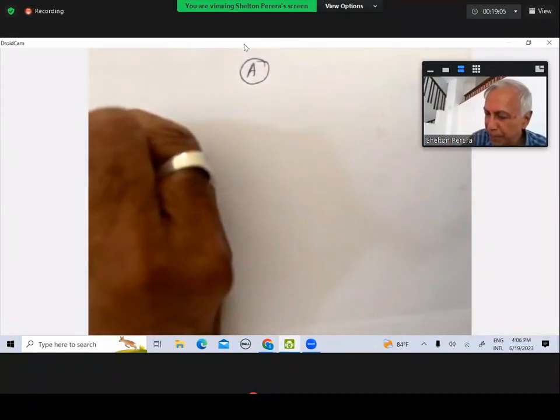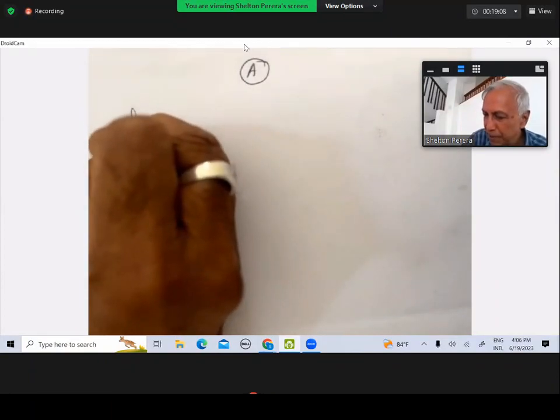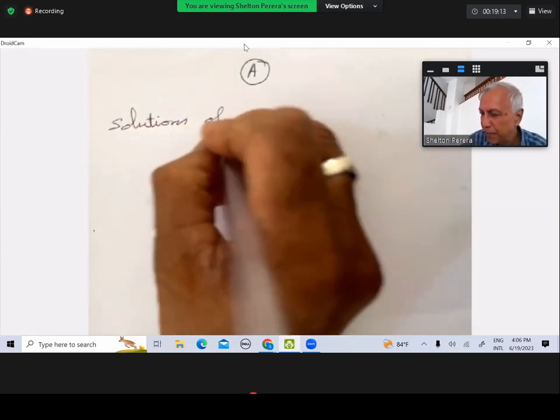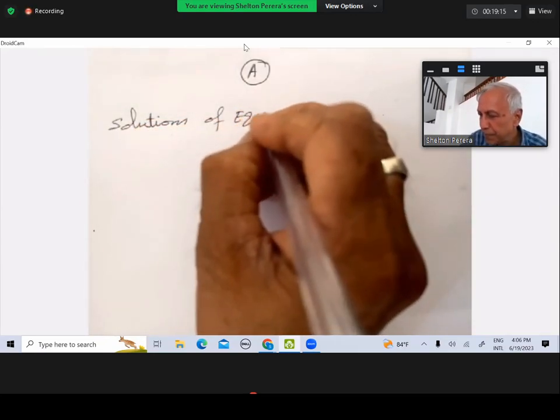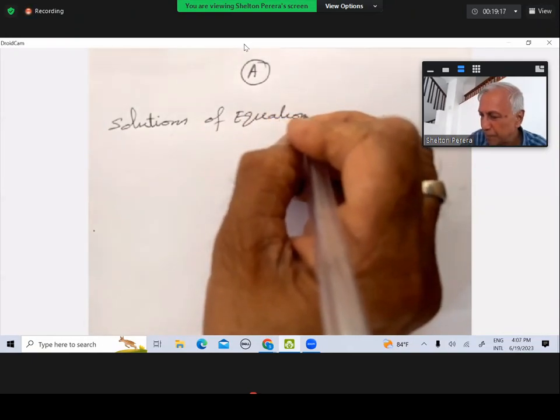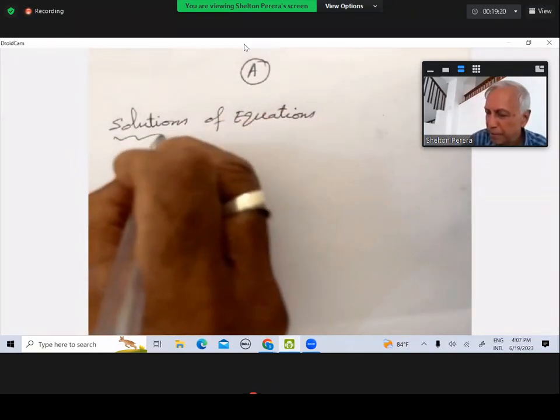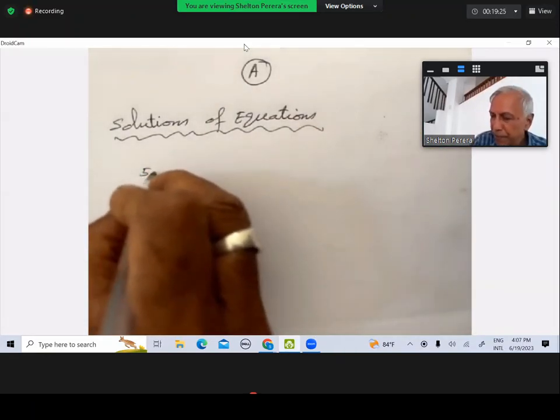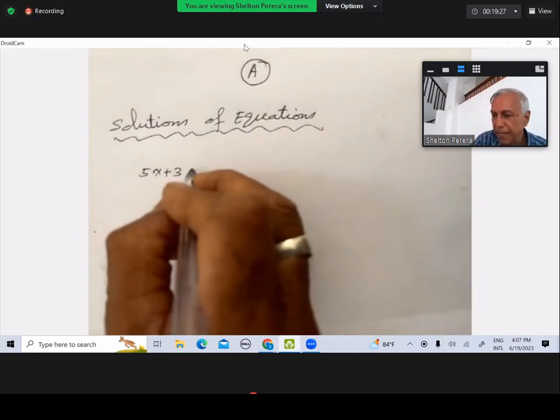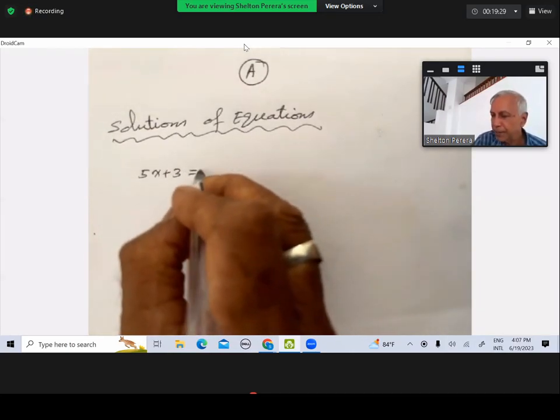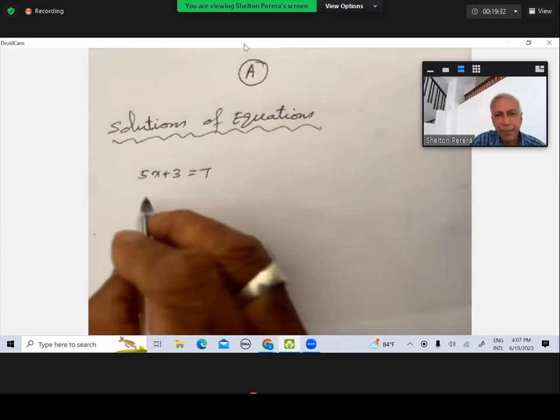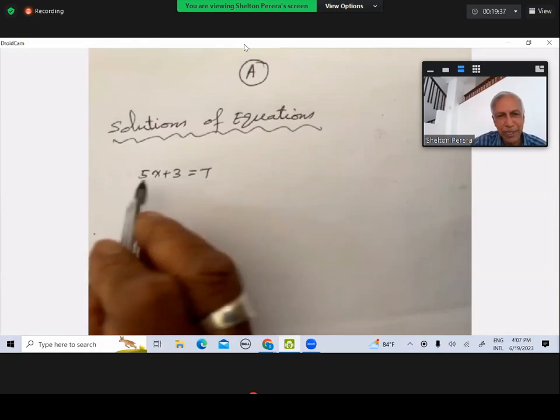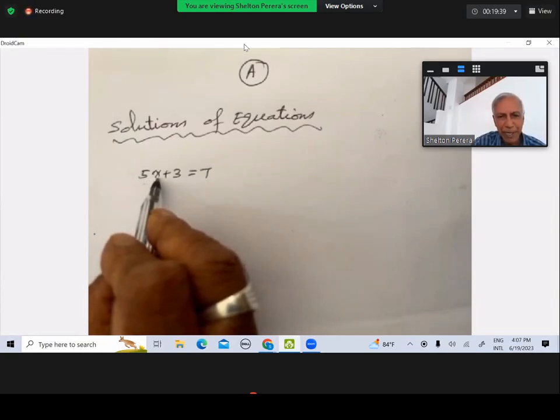Solutions of equations is the topic. For example, 5x plus 3 is equal to 7. This is an example of an equation. The equal sign is there, no? It is an expression involving an unknown x.